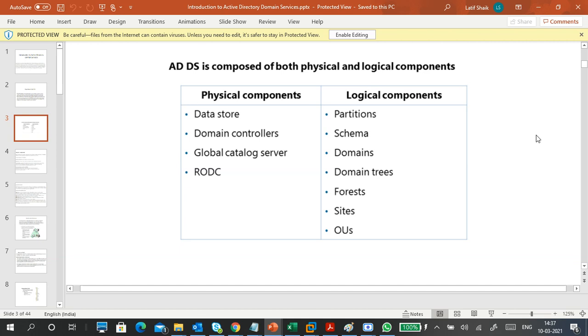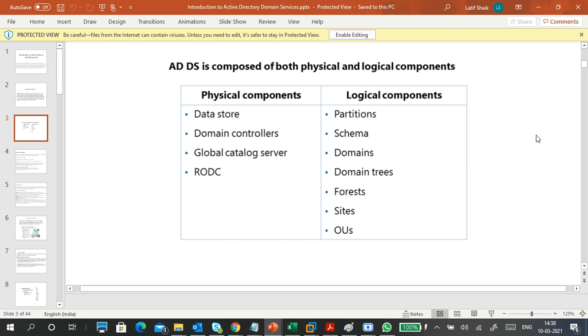To understand what logical means, it is not physically separated; it is inside the physical part only. We are taking things into the logical one. The terms here are logical only, not physical entities. Logical entities sit on physical ones; it's not that logical entities are separate and physical entities are separate.